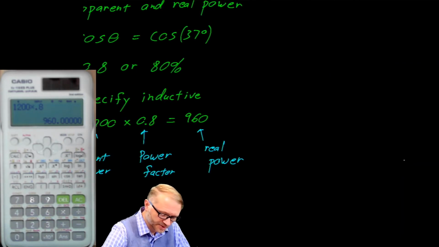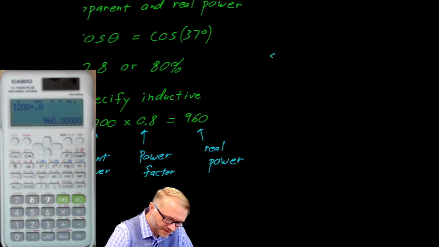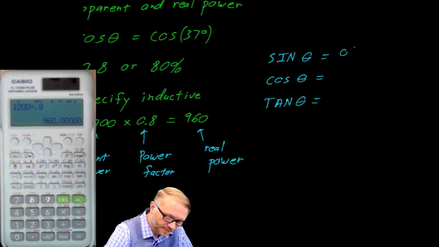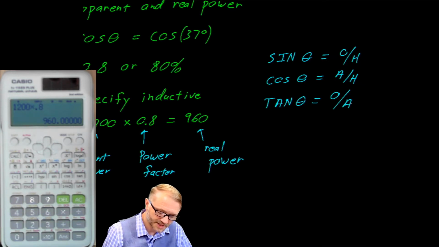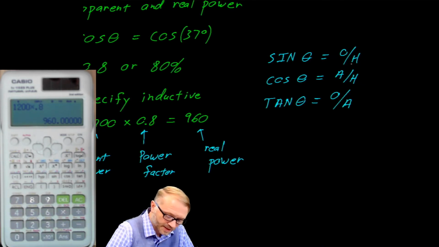This is a good time to look at those trig properties again. So sine theta, cosine theta, tangent theta, opposite over hypotenuse, adjacent over hypotenuse, opposite over adjacent. And what we're talking about is this one right here.